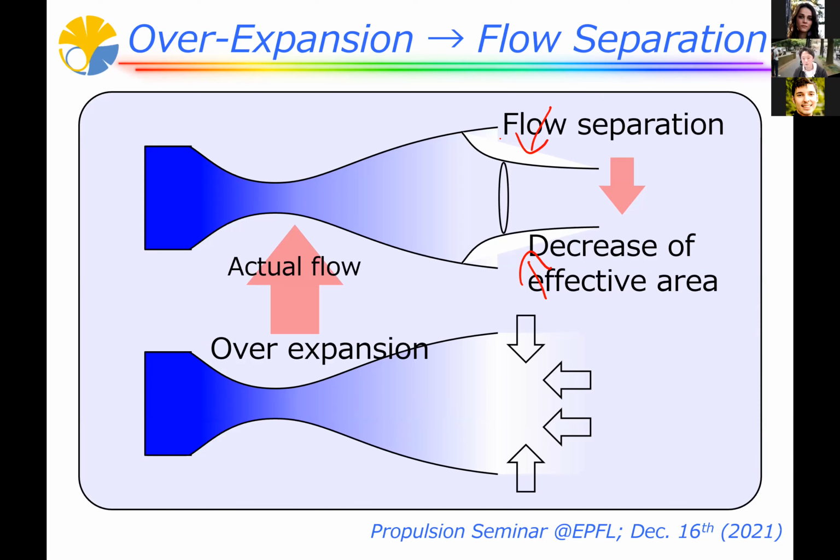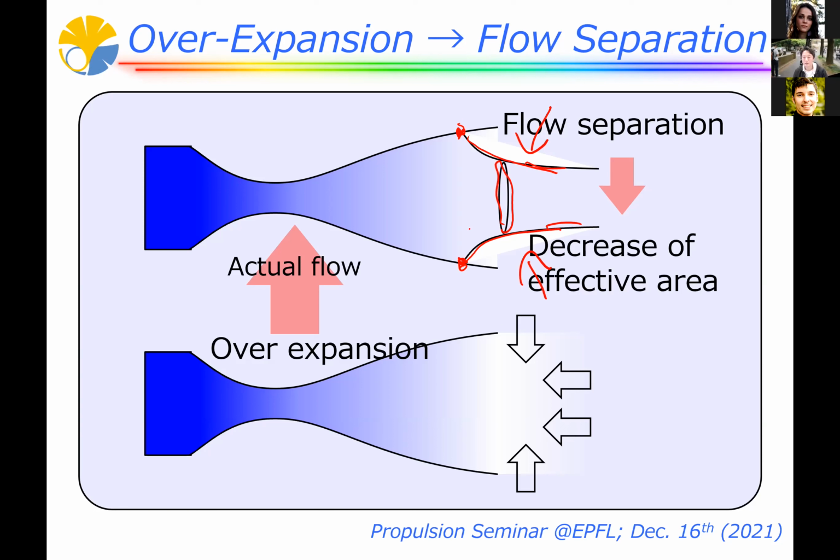So if this happens, it's very difficult to correctly predict the nozzle flow. So basically we want to avoid this kind of flow separation. And also, this flow separation means the actual nozzle cross section becomes like this. So in the case of this example, from the separation point, the nozzle area becomes lower.